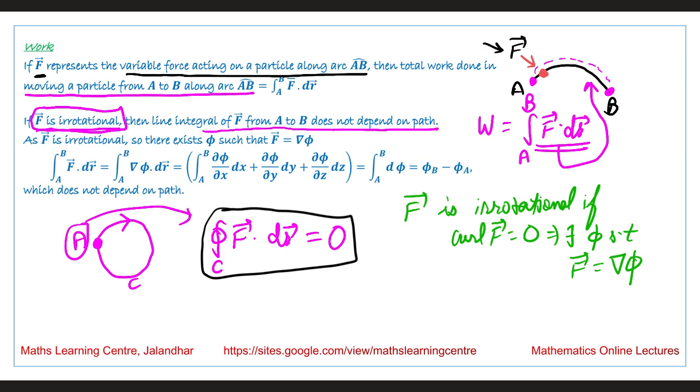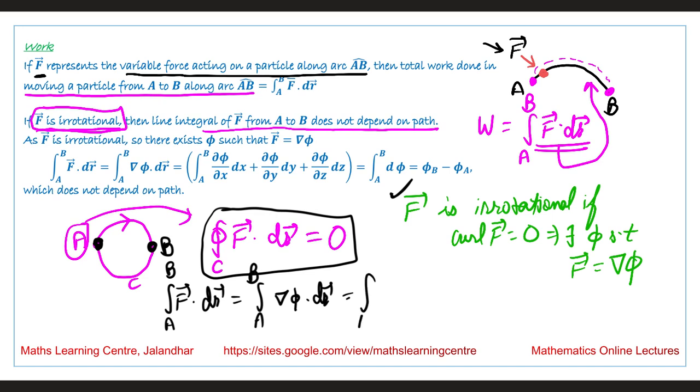Now suppose it is given that f is irrotational, and any object is moving from point A to some point B on this curve. In that case, the work done will be given by integration A to B f vector dot dr vector. In place of f vector, we can write del phi dot dr vector.